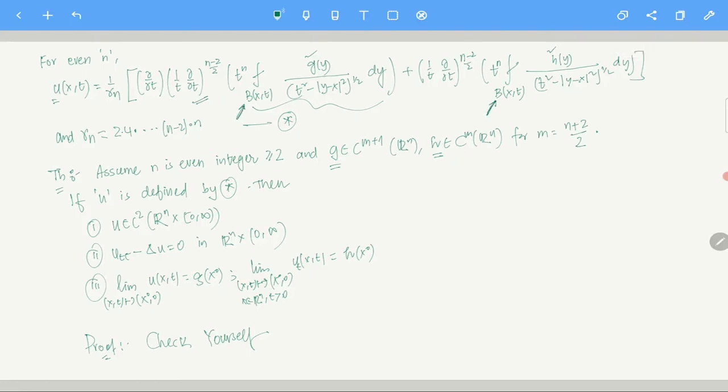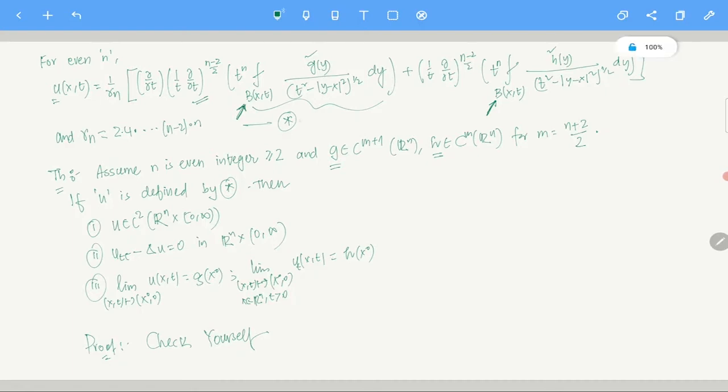This does not seem much, but it is very important. If you want to find the solution, you need the information on g and h. Those are the initial data. So you need the information on initial data in the whole ball B(x, t). Now if you compare this with the odd dimension case.